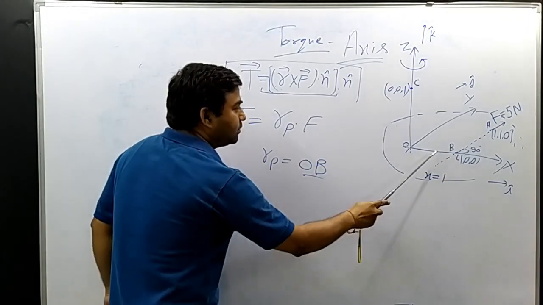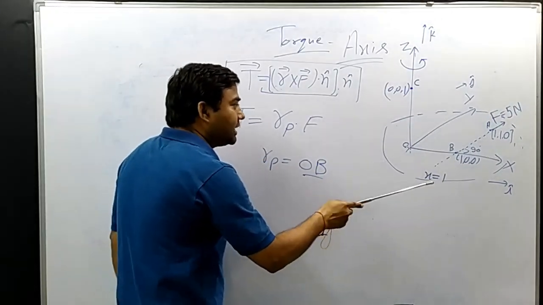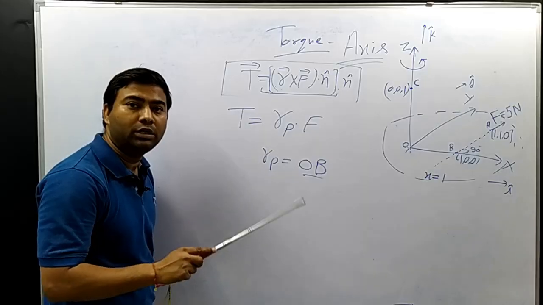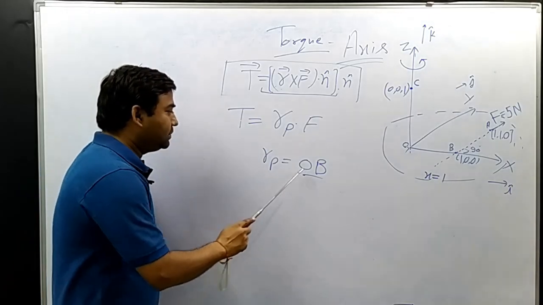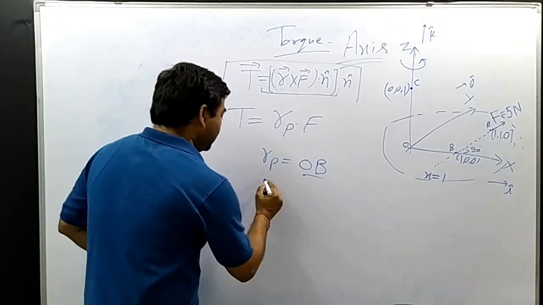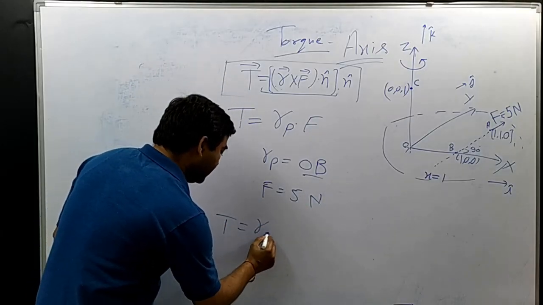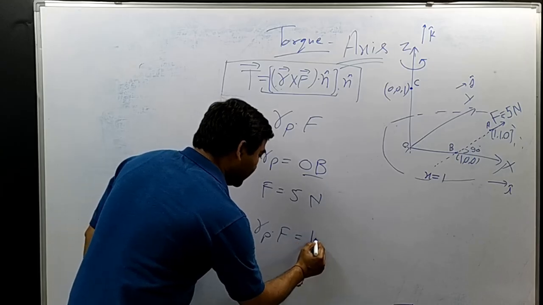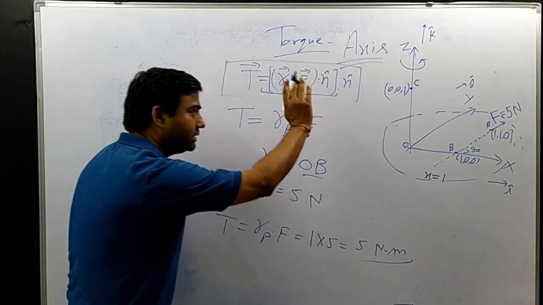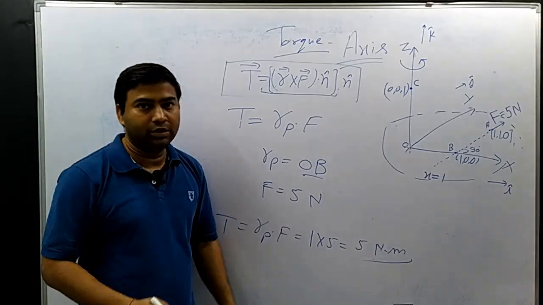This OB is the perpendicular distance between the axis and the line of action of the force, which are perpendicular to each other and not intersecting. And force is 5 Newton. So torque is Rp into force, that is 1 into 5, which is 5 Newton meter, if dimensions are in MKS or SI system.